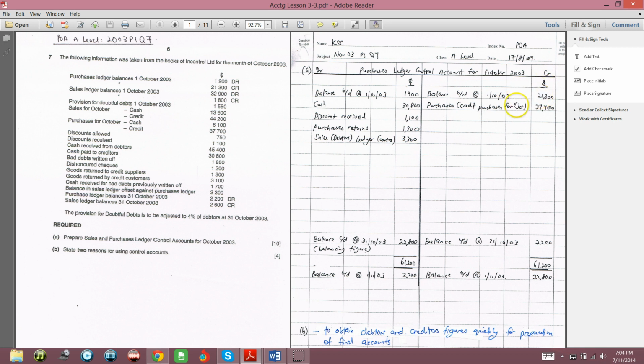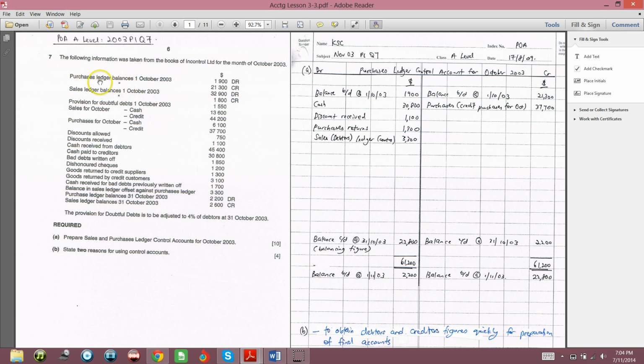Because creditor is a credit balance, the balance brought down is always on the credit side. I can put it this way: the balance brought down is always on the same side as in the balance sheet.